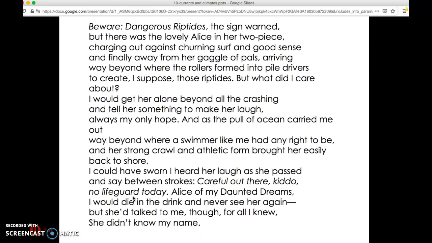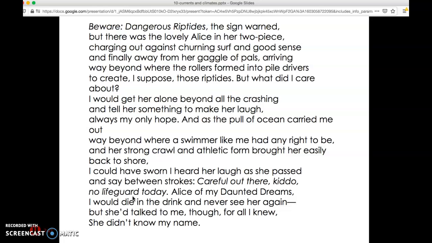Here we go. It's called "Beware Dangerous Riptides," the sign warned. But there was the lovely Alice in her two-piece, charging out against the churning surf and good sense, and finally away from her gaggle of pals. Arriving way beyond where the rollers formed into pile drivers to create, I suppose, those riptides. But what did I care about? I would get to her alone beyond all the crashing and tell her something to make her laugh, always my only hope.